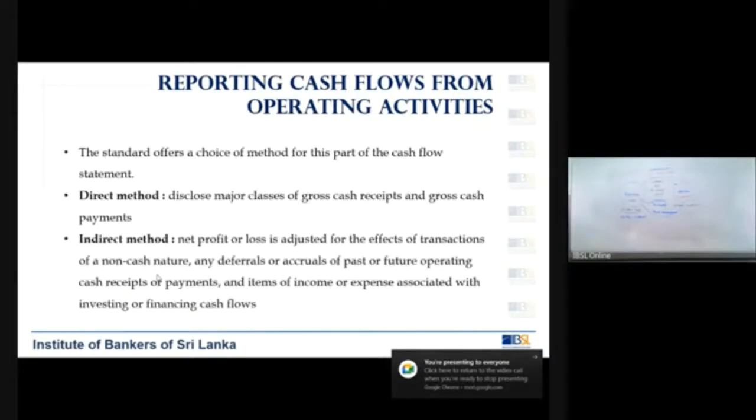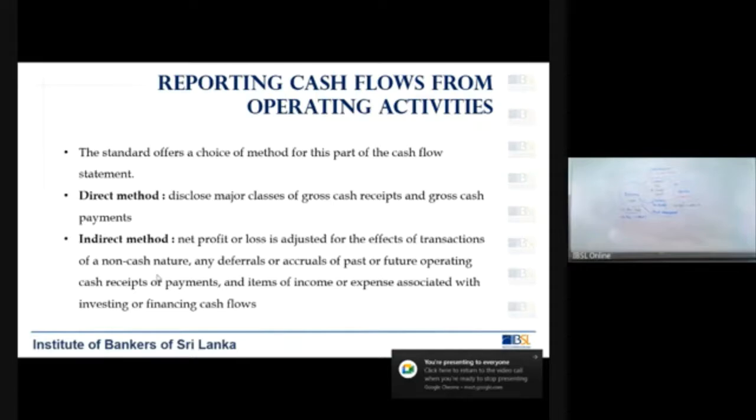So when you are preparing a cash flow statement, there are certain steps to be followed, and there are methodologies also. According to the accounting standard, LKS 7, it gives you two options.